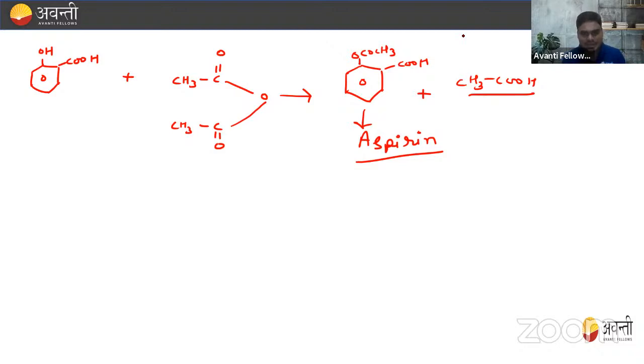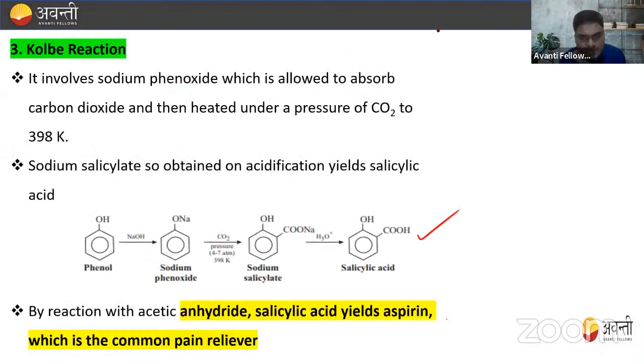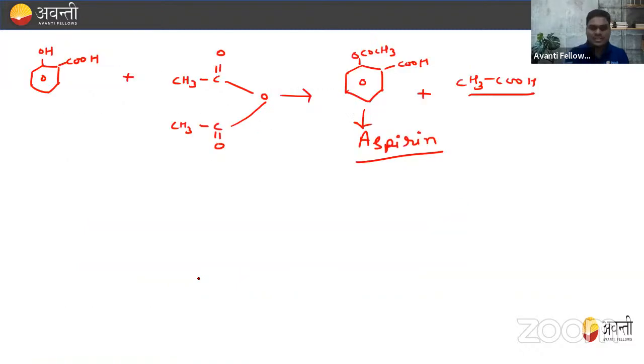Okay, sir, please repeat. So in the case of the Kolbe reaction, we prepare salicylic acid. This is the salicylic acid. Now, when we treat salicylic acid with the anhydride, what is this anhydride? This is the structure of the anhydride, that is CH3CO, CH3CO, and this O is common in between these two.